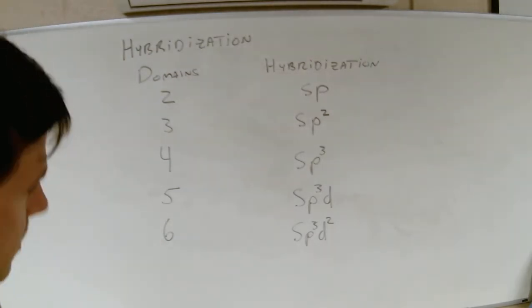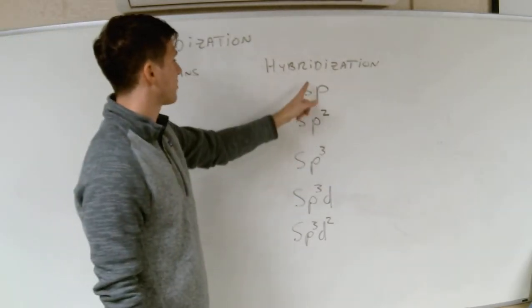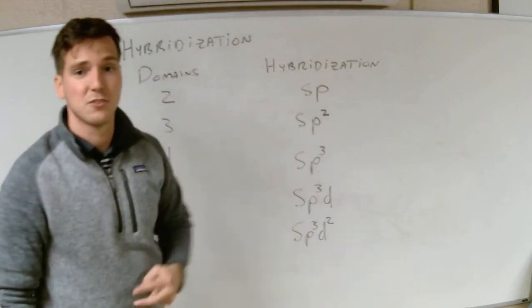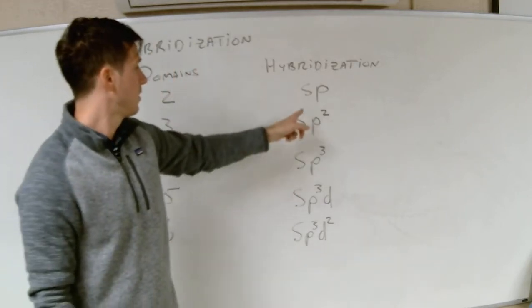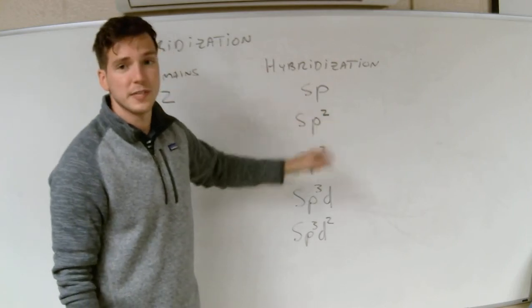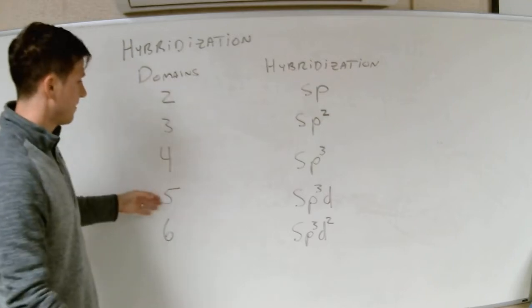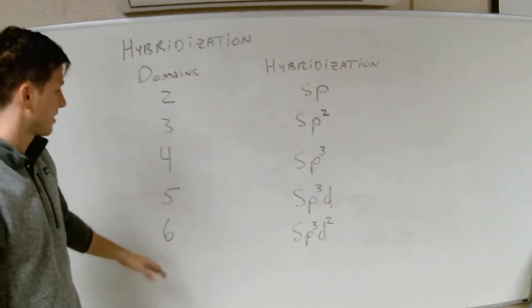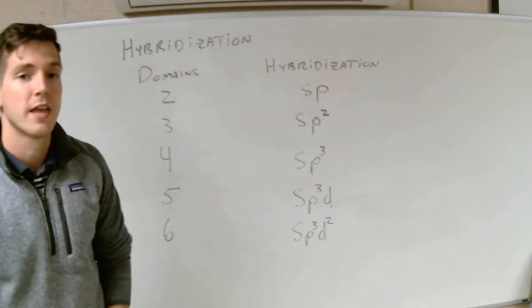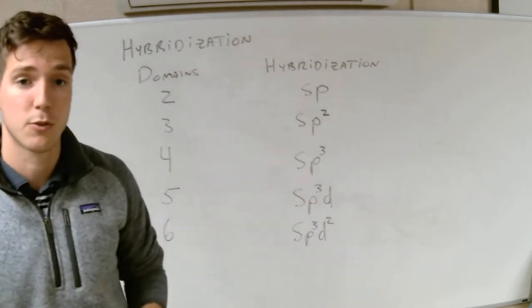When you're looking at these, you have 2 domains. If you count up all the exponents, 1 and 1, it's 2. You have 3 domains, you count up all the exponents, 1, 2, 3, you got 3. 4 domains, all the exponents, 4. 5 domains, count up all the exponents, 6. And just remember that it will max out at 3 for the p orbital.